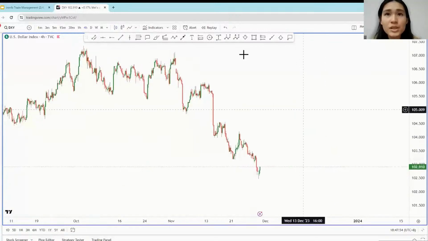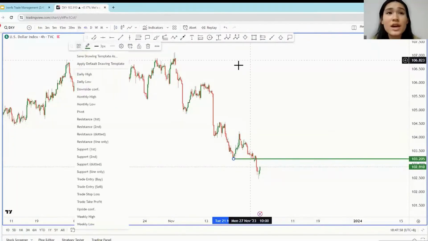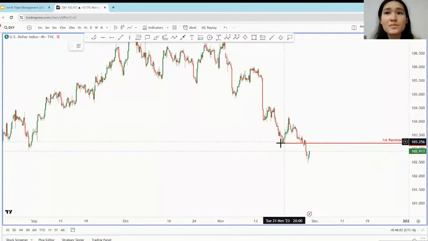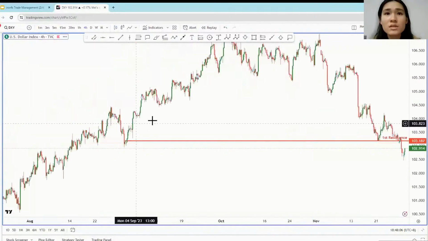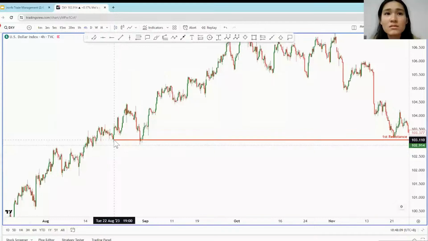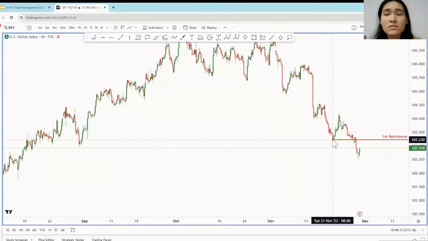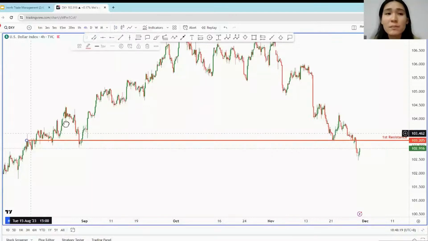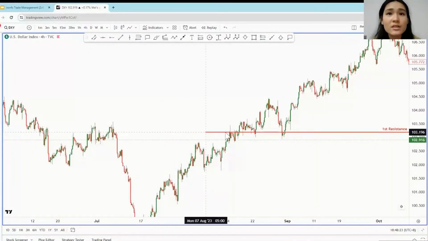Okay, so then let's go in with our resistance and stop loss levels. So first resistance will be here. Can we pull it back? Yeah. Okay, so our first resistance will be there.